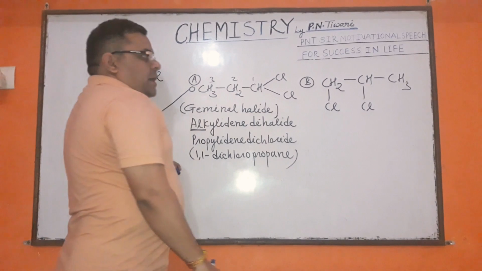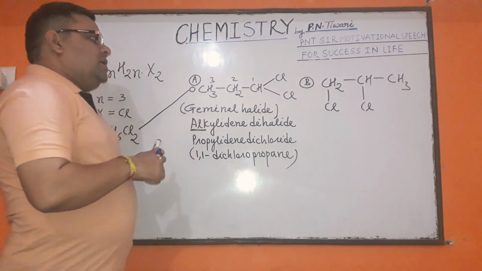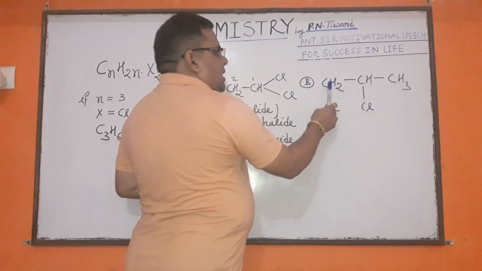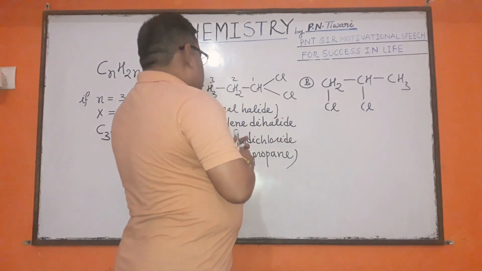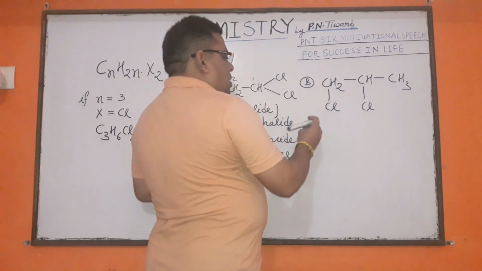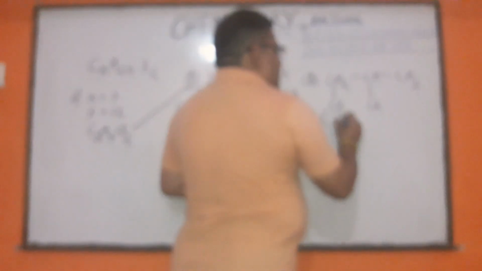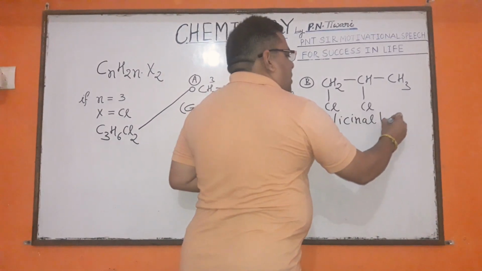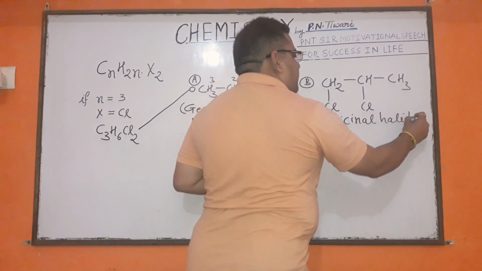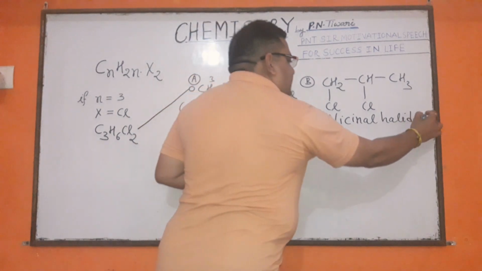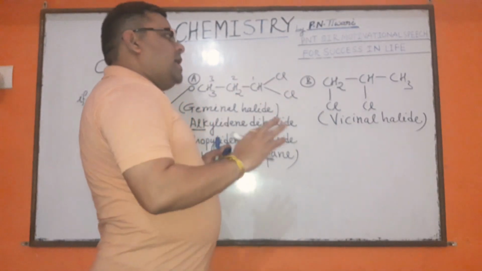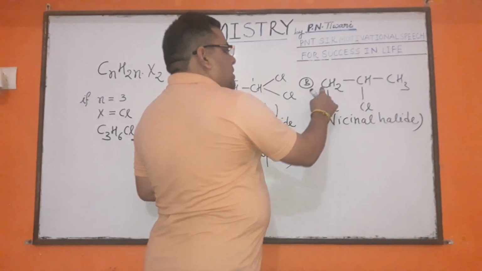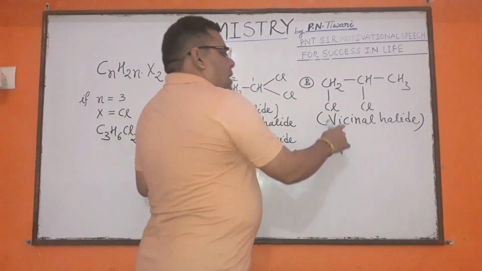In this dihalogen derivative, since both the halogen element are linked with the two adjacent carbon atoms, therefore such kind of dihalogen derivatives are called vicinal halide. So how can we define a vicinal halide? Those dihalogen derivative in which both the halogen elements are linked with the two adjacent carbon atoms are called vicinal halide.